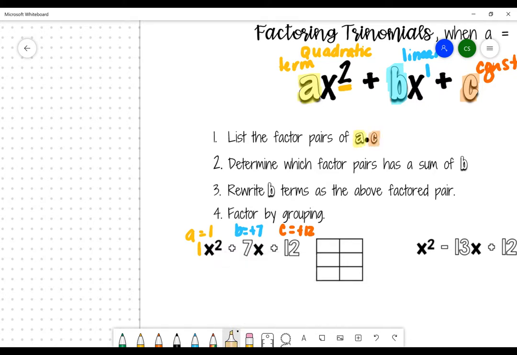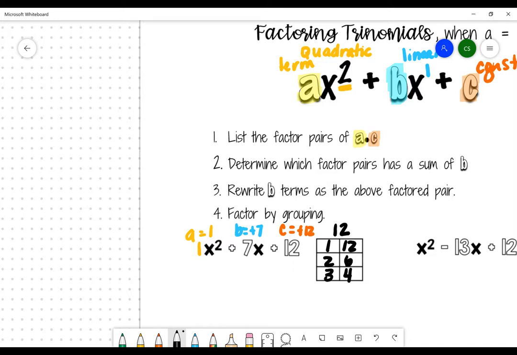And if I multiply 1 times 12, I get 12. Then I need to list the factors of a times c, which is 12: 1 and 12, 2 and 6, and 3 and 4.